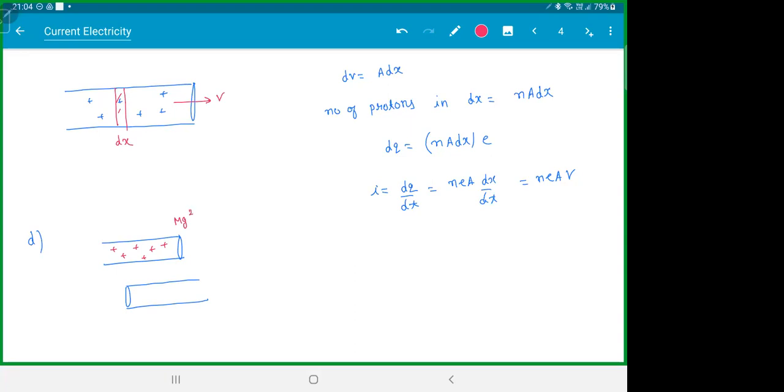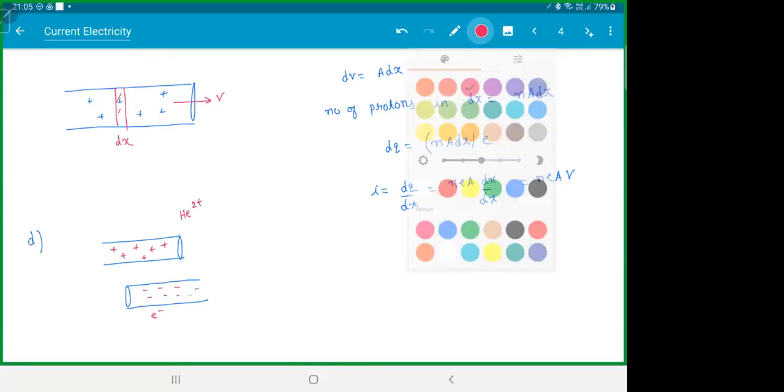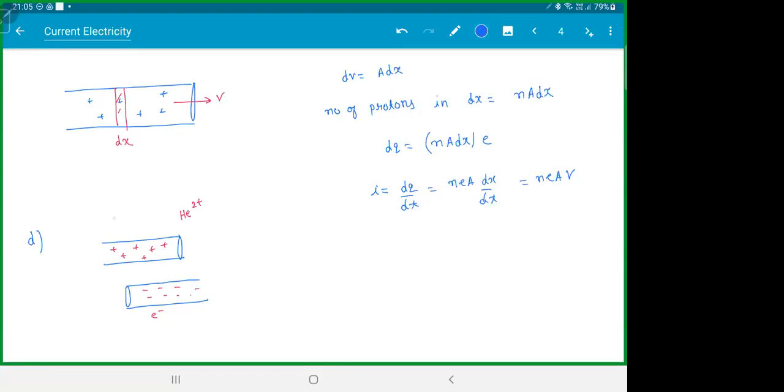Let's say helium nuclei, better. And these are electrons. Let's say the speed is v by 2. The speed is v. And let's say this is n, and this is n. Find the total current in the region.